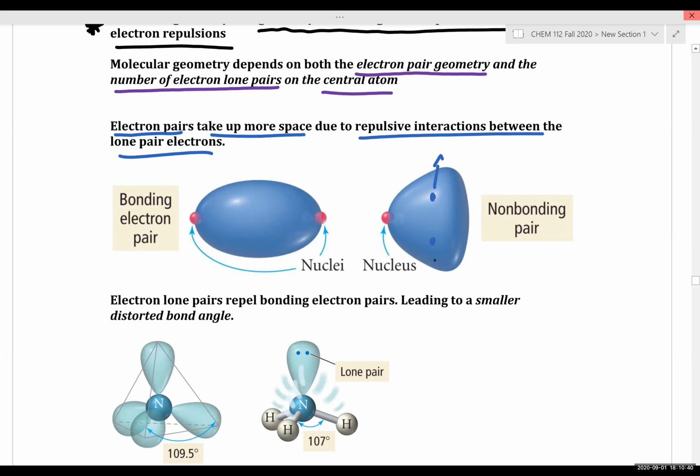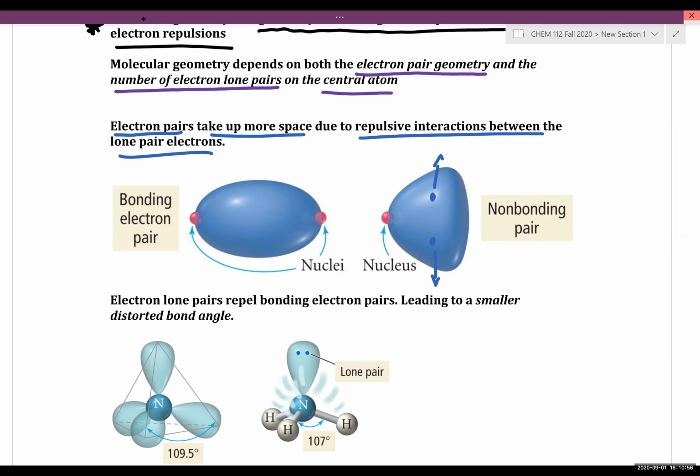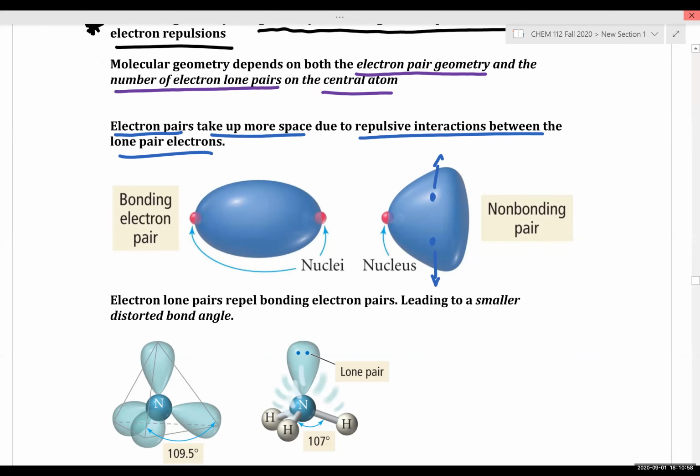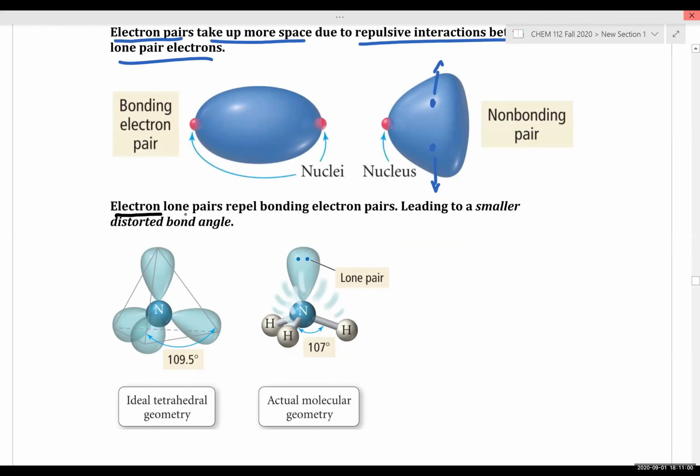These two electrons are repelling each other, and that in turn means our lone pair is taking up a lot more space and can engage in a lot more repulsive interactions with our adjacent bonds. Now, why does this matter? Well, electron lone pairs repel bonding electrons, leading to a smaller distorted bond angle.